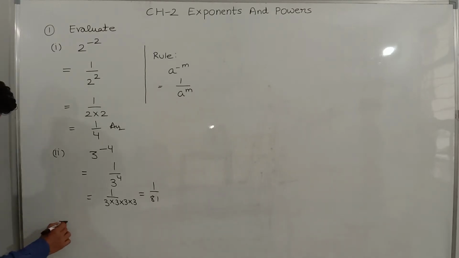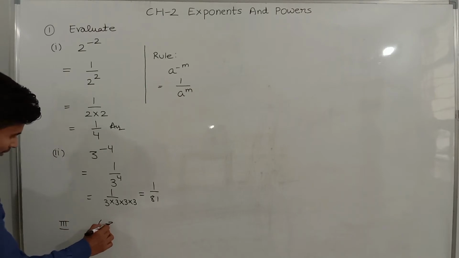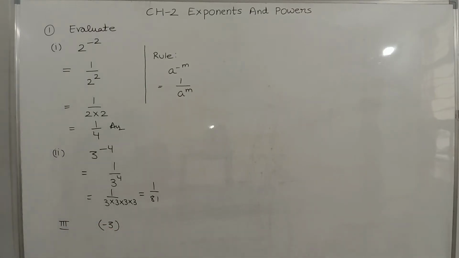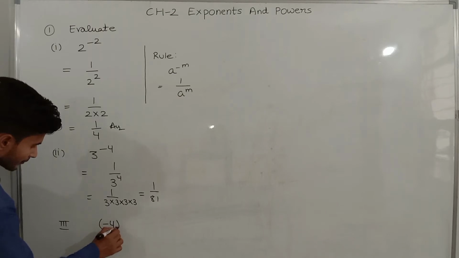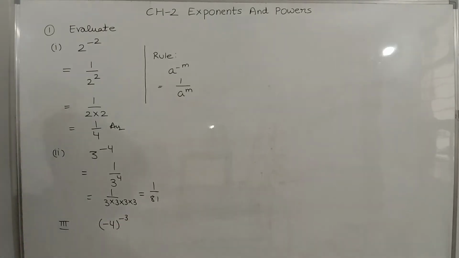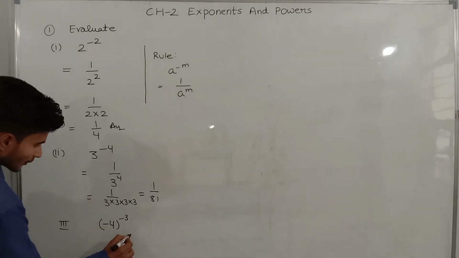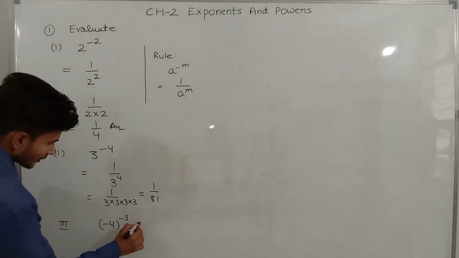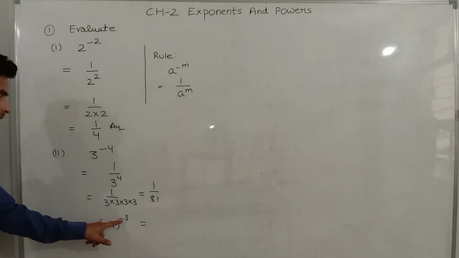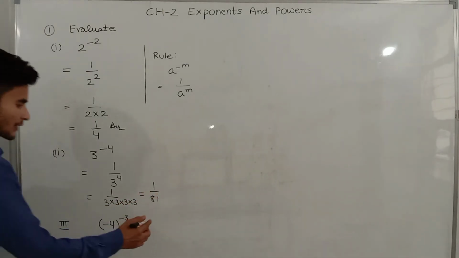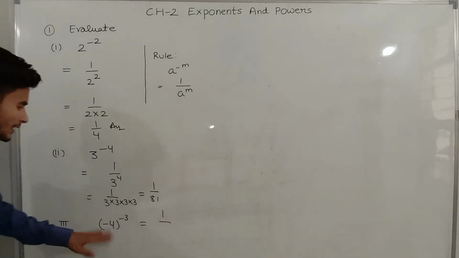Third sum is minus 4 whole power minus 3. How can you solve it? I have explained the rule. If power is negative, you have to make it positive by taking reciprocal.